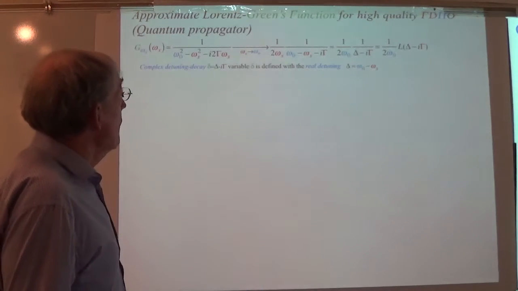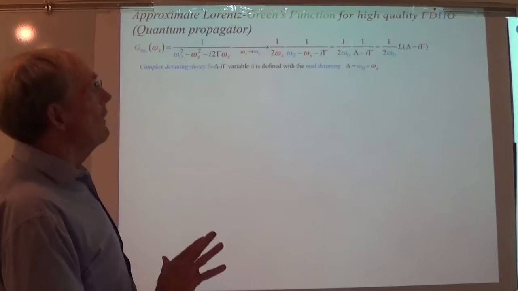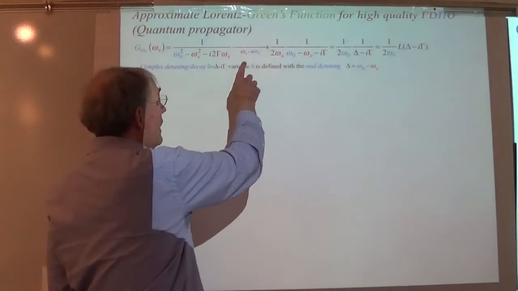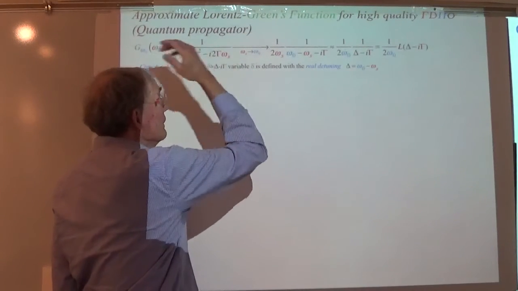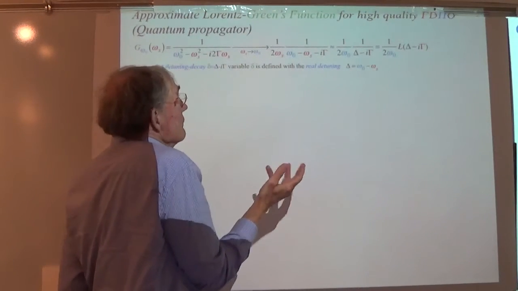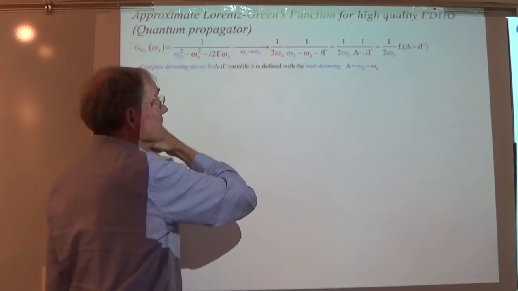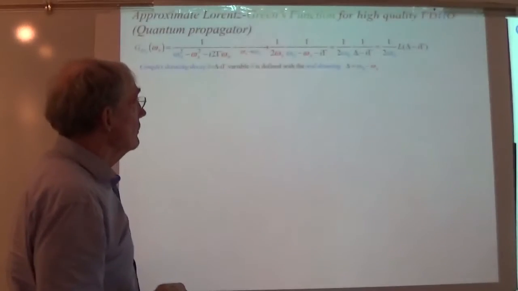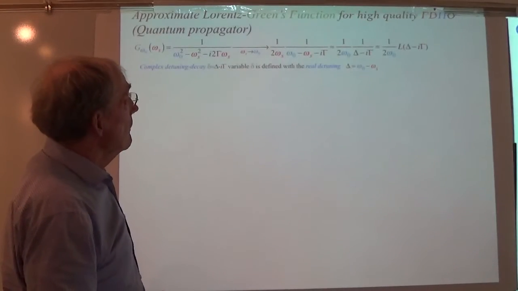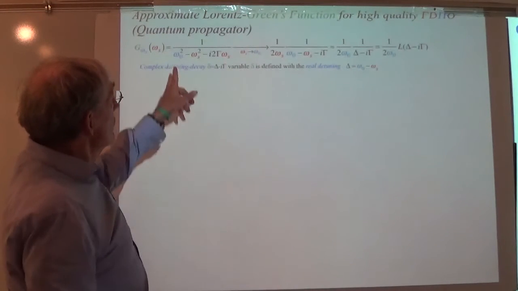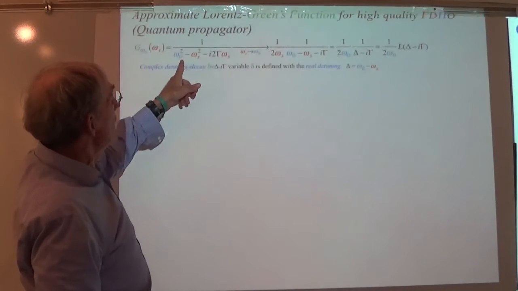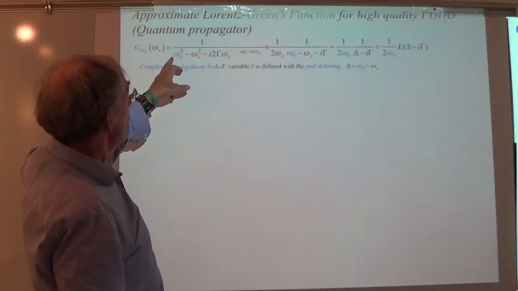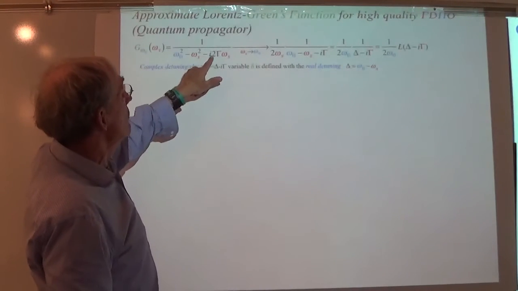Now we're going for a really high quality oscillator. I'm going to have such a high quality one that I can essentially assume that omega s is very close to the neighborhood of omega 0, compared to the gamma. And I want a small gamma in order to do this, otherwise it isn't going to work so well. The basic idea is we take the omega s here, and see this as a 2 omega s.